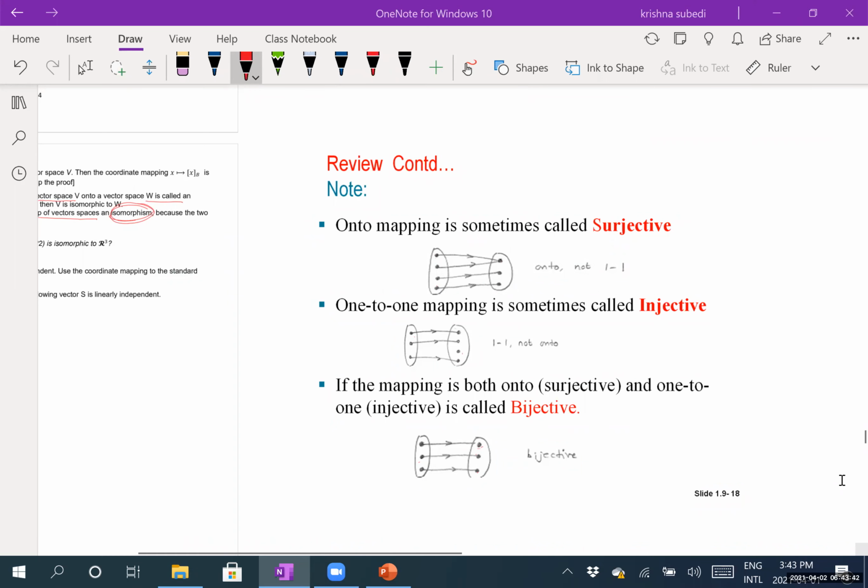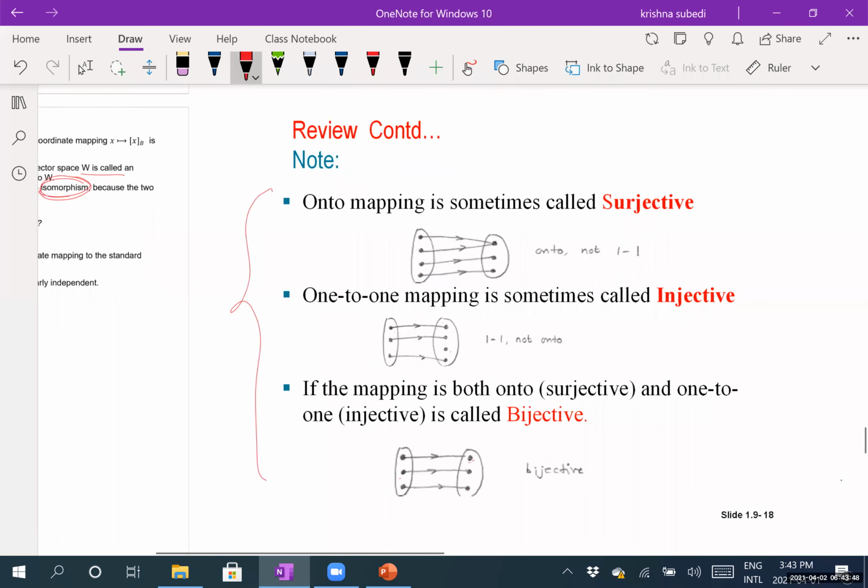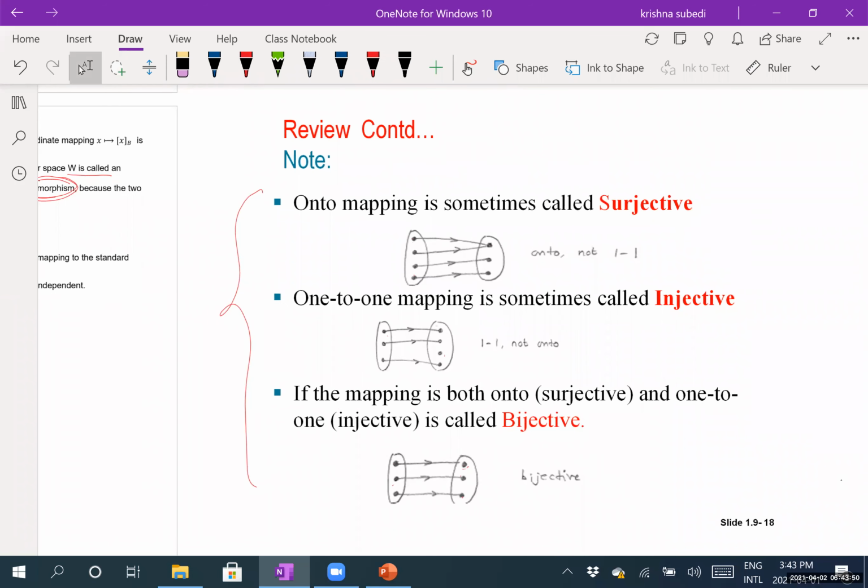So before we talk about isomorphism, we need to know this one. Actually, I believe you did this in your high school or in your pre-calculus or some math class. So onto mapping means this is your domain, this is your range. Onto mapping means in the domain there should be no one left behind. Everyone should have a pair there.